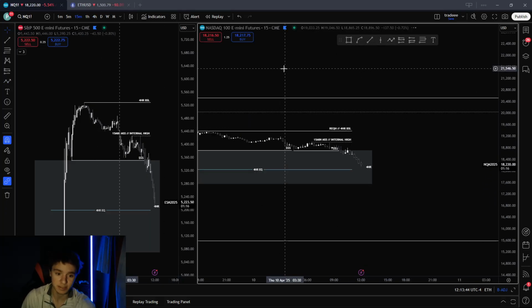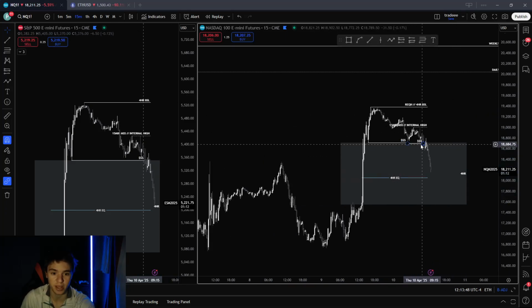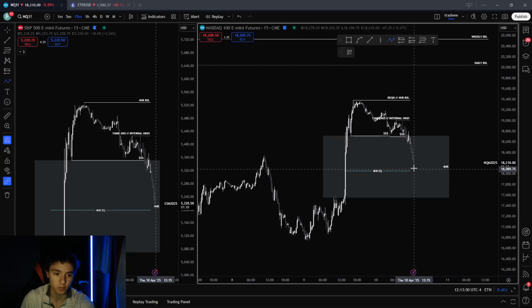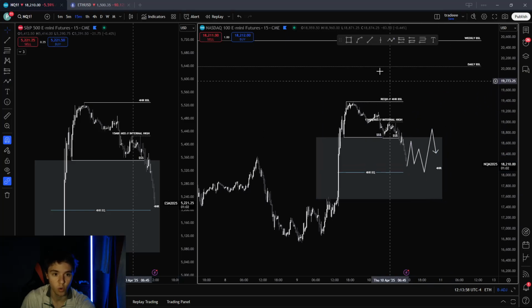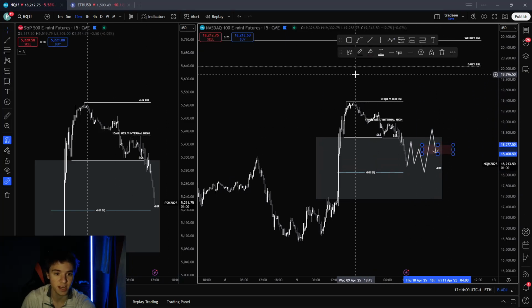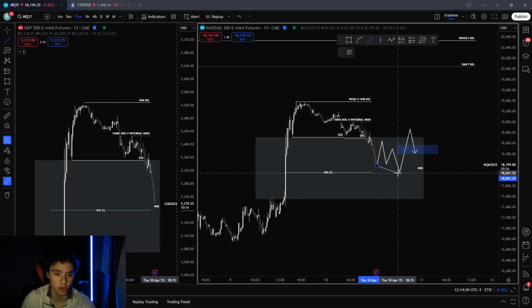Hopefully, ideally, we would start to just stay in this range here and start to form structure, put in some internal highs, form structure, so that when we come into the market tomorrow, we have something like this, where we've displaced higher, we're pulling back to a 15-minute fair value gap, maybe there's an SMT at the lows.